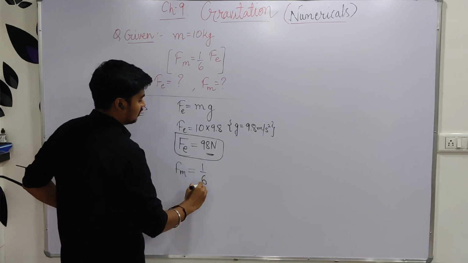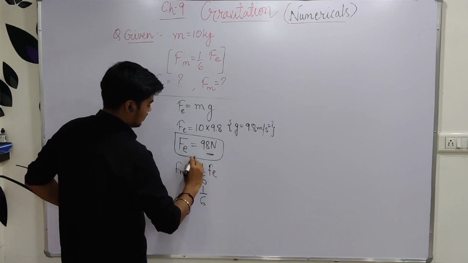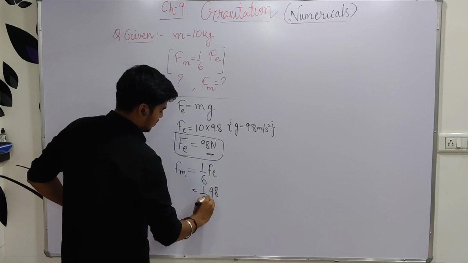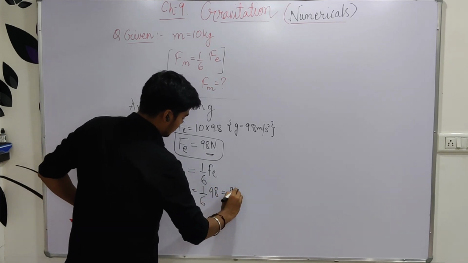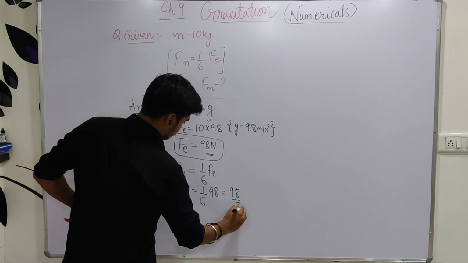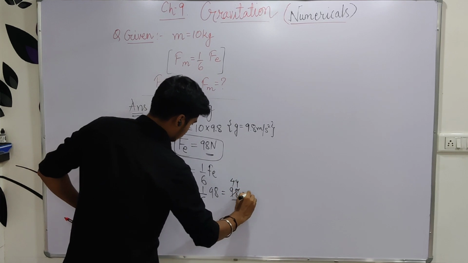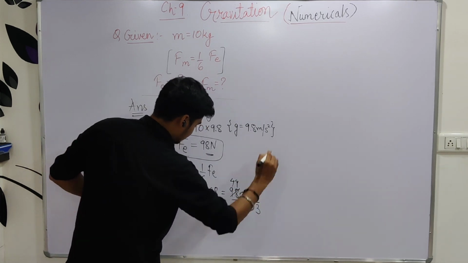So we just have to put the value 1/6 of Fe, and Fe we have got 98. So 98 by 6. We can cancel: 2 3s are 6, 2 49s are 98. You'll get 49 by 3.